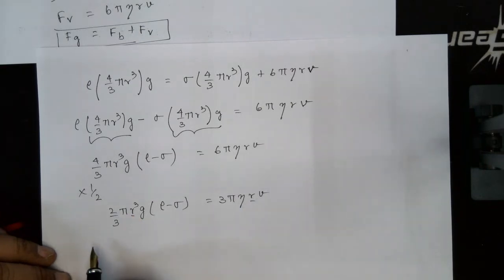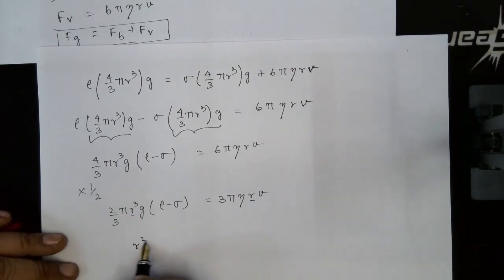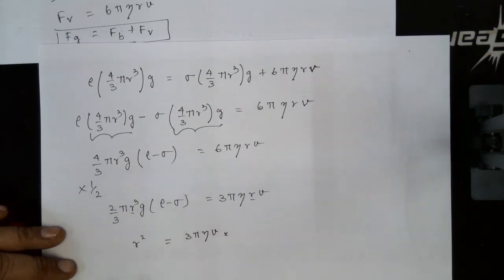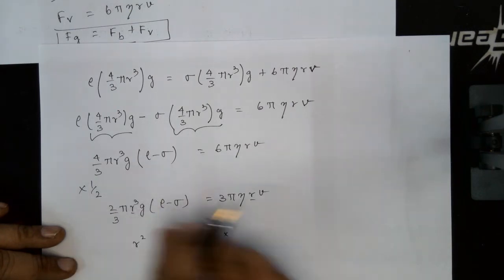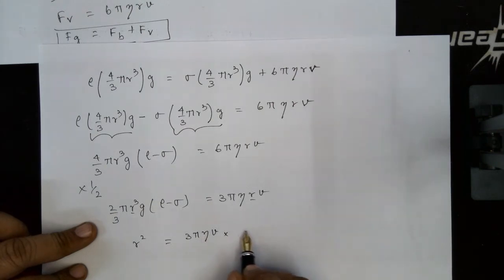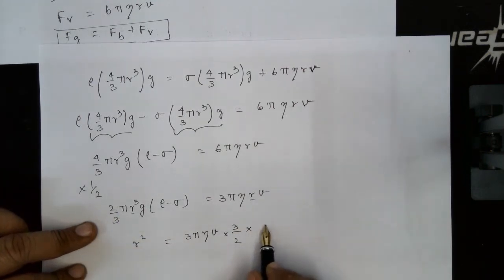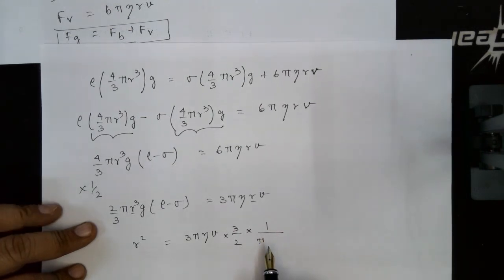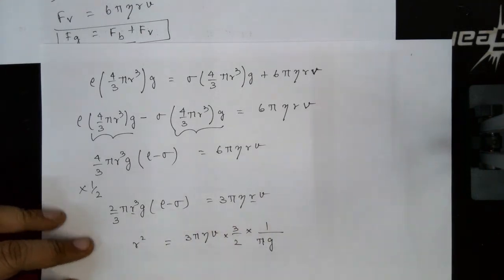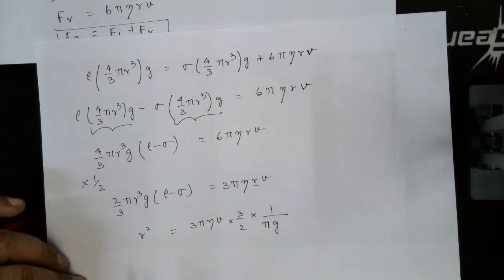So r squared is equal to 3 pi eta into v divided by, we can bring everything here, 2 by 1 divided by 2 by 3 means 3 by 2, and 1 by pi g. I cancel the r cube as r squared. Okay, right?